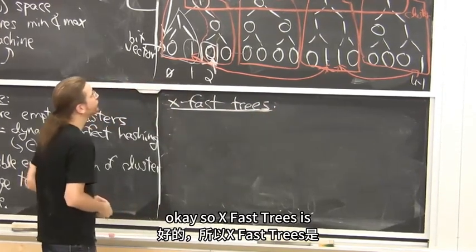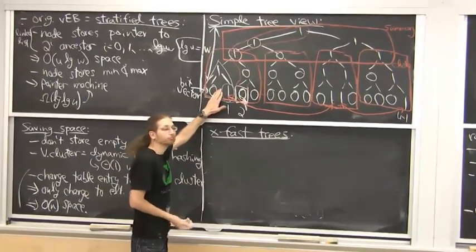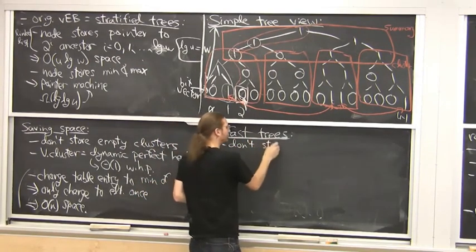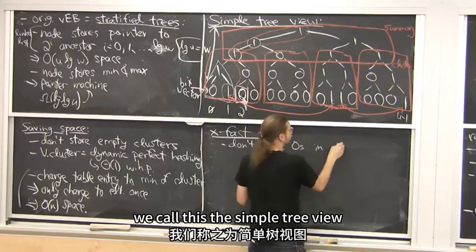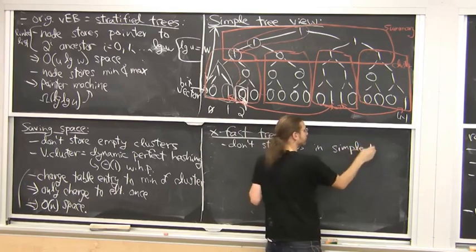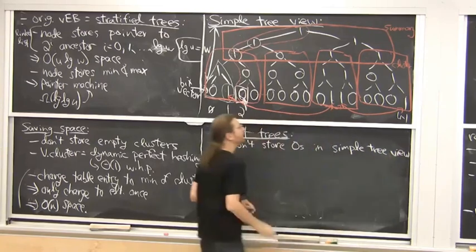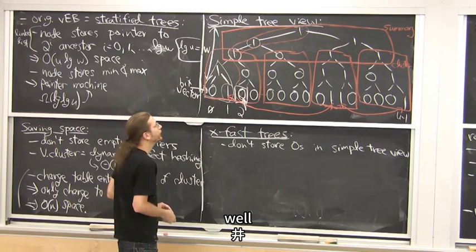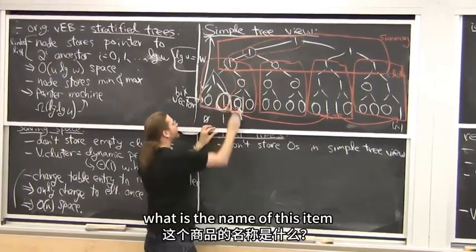Okay, so X-fast trees: store this tree, but don't store the zeros. Only store the ones in what we call the simple tree view. This is why I in particular wanted to tell you about the simple tree view, because it is really what X-fast trees do. So what do I mean by only store the ones? Well, think of each of these ones as having a name. What is the name of this item?